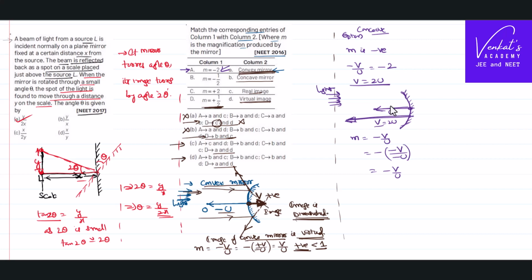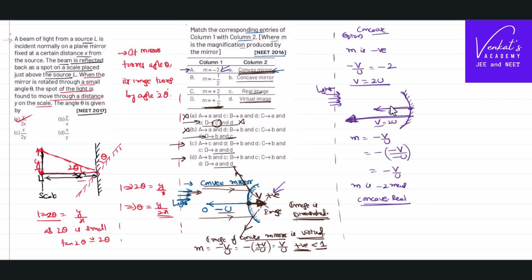So what we can understand here is magnification is minus 2, which means it could be a concave mirror. Definitely the image formed is real. It is not extended behind; rather it is actually formed in front. So it is a concave mirror and a real image.